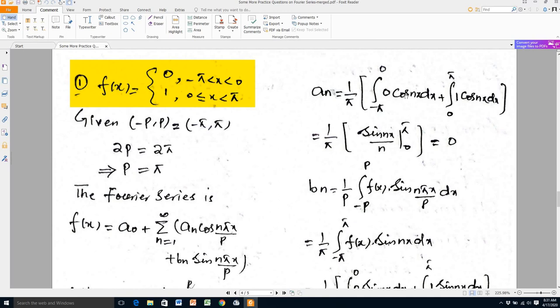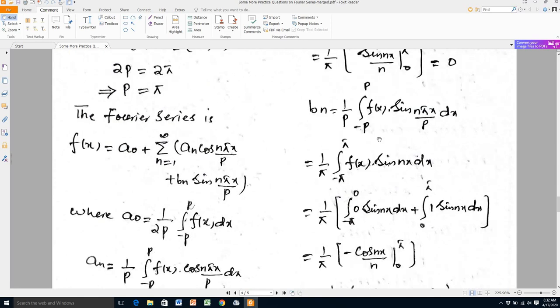In the first limit the integral vanishes, and you have the integral from 0 to pi of cos nx dx, and when you integrate this it is equal to sine nx divided by n. You know that the value at pi of sine vanishes, and when you check this sine at 0, it is also 0. So the total value of this coefficient is 0. It means there is no wave generated at this point.